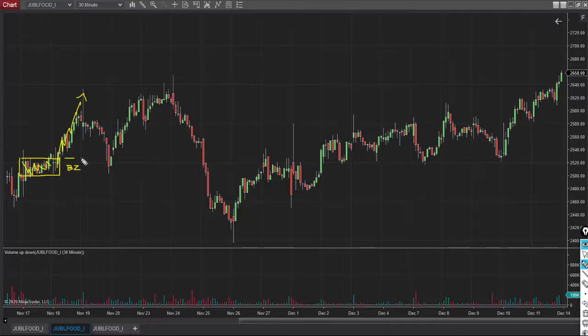When I extend this, look, when price came to this zone, it got immediately rejected and the stock price went up again. So this demand zone is still active, we're going to extend it further. But remember, once the demand zone has been tested, extending it will never help you.